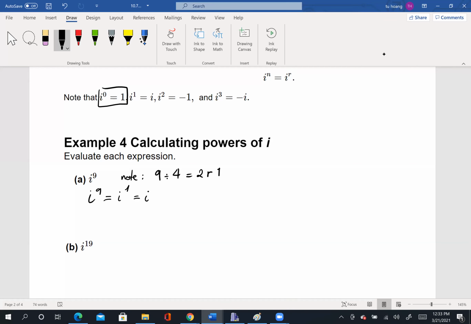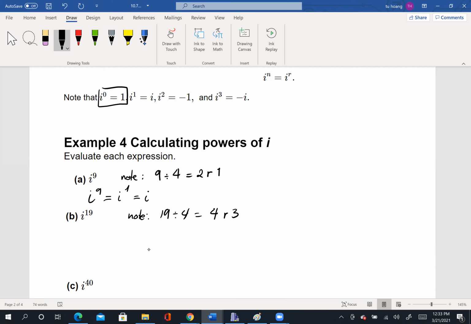So what about i to the power 19? Let's do it. We know that 19 divided by 4, well, 4 times 4 is 16, so the remainder is 3.